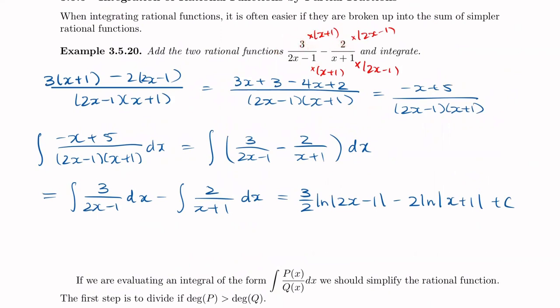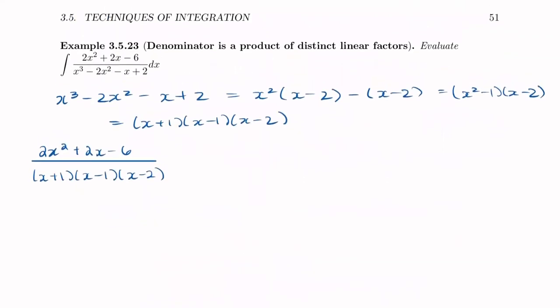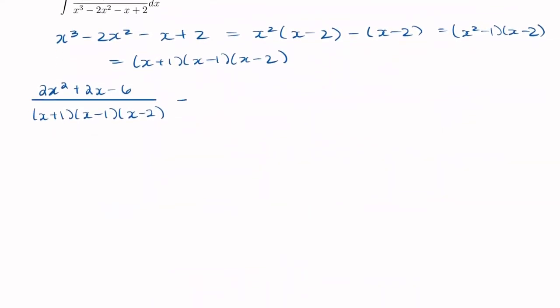We cannot just assume. So let's say we let a, b, and c be some numbers such that we could have a divided by x plus 1 as one of them, plus b divided by x minus 1, and then plus c divided by x minus 2, where a, b, and c are the terms that we need to find out.